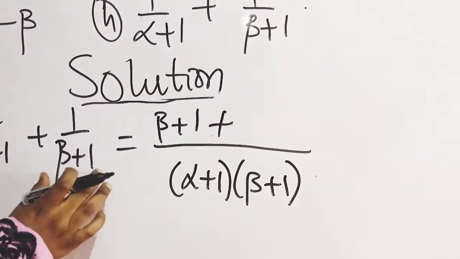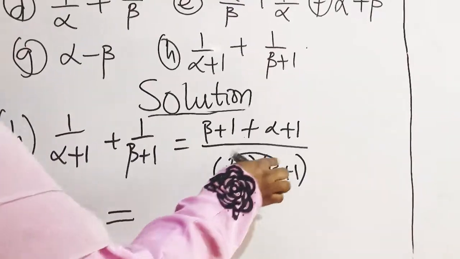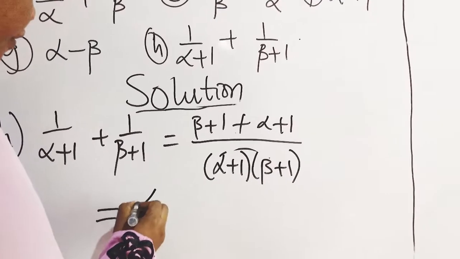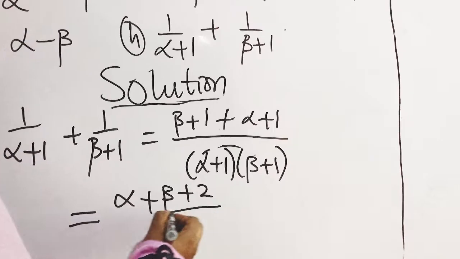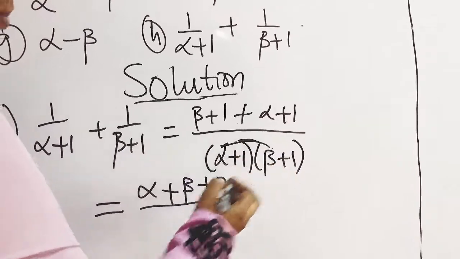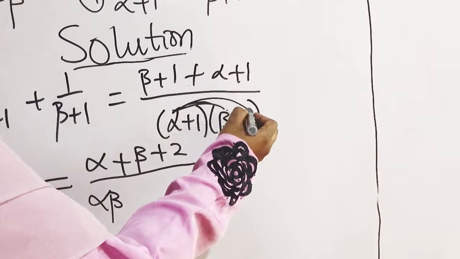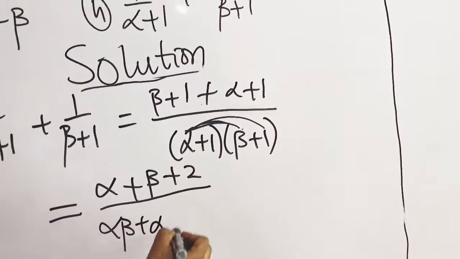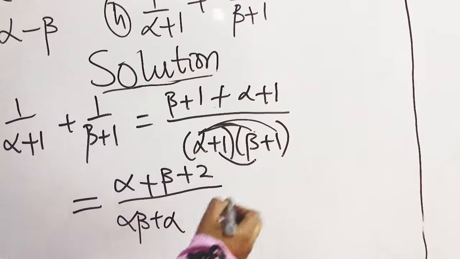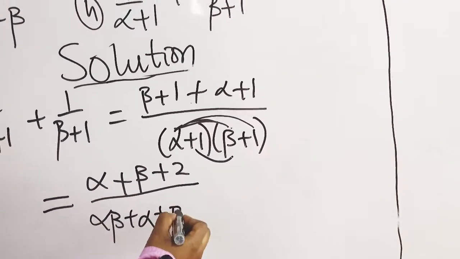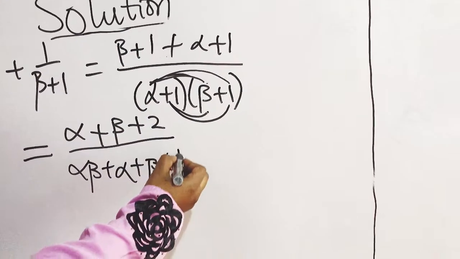Then plus beta plus 1 will give us alpha plus 1. We have alpha plus beta plus 2 over alpha multiplied by beta gives us alpha beta. Alpha multiplied by 1 gives alpha. 1 multiplied by beta gives plus beta. Plus 1 multiplied by plus 1 gives plus 1.